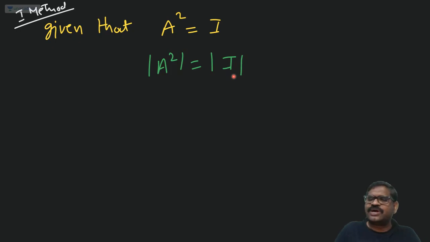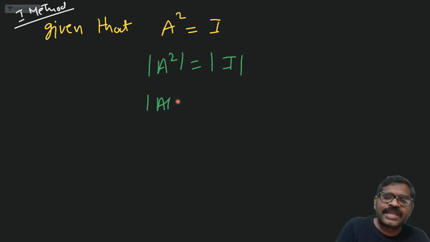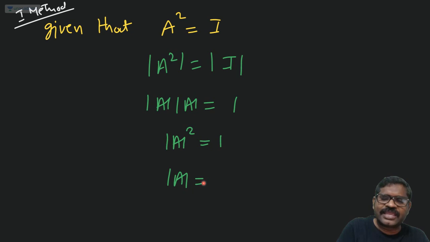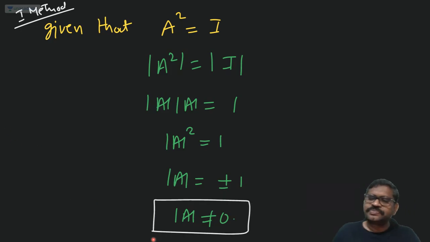Determinant value of I. Catch my point? Det A into det A is 1. So det A whole square is 1. Det A is either 1 or minus 1. Det A not equal to 0.